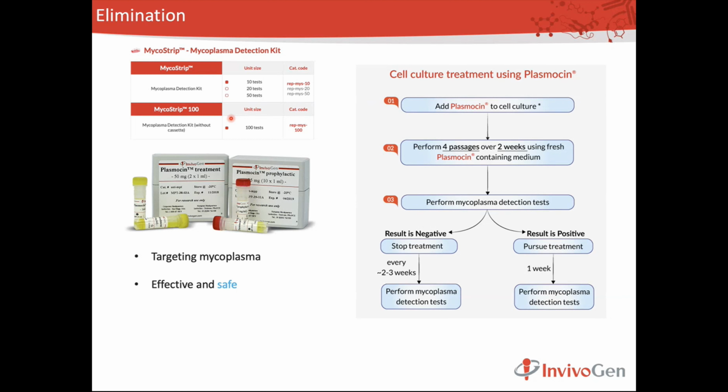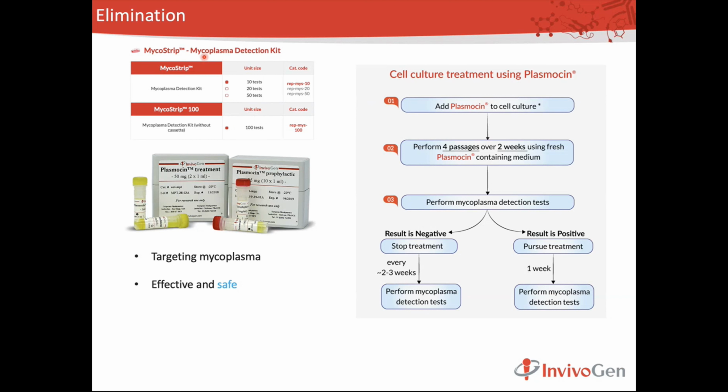But there are times that the cell line is so valuable, maybe a stable cell line, maybe a primary cell line or a cell line from a patient, that we just cannot discard. So for this, we will have to do the elimination or treatment process.